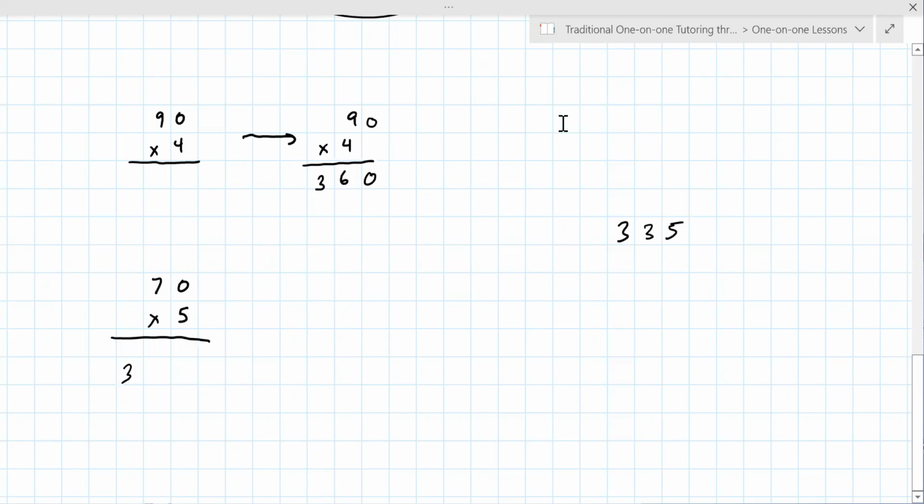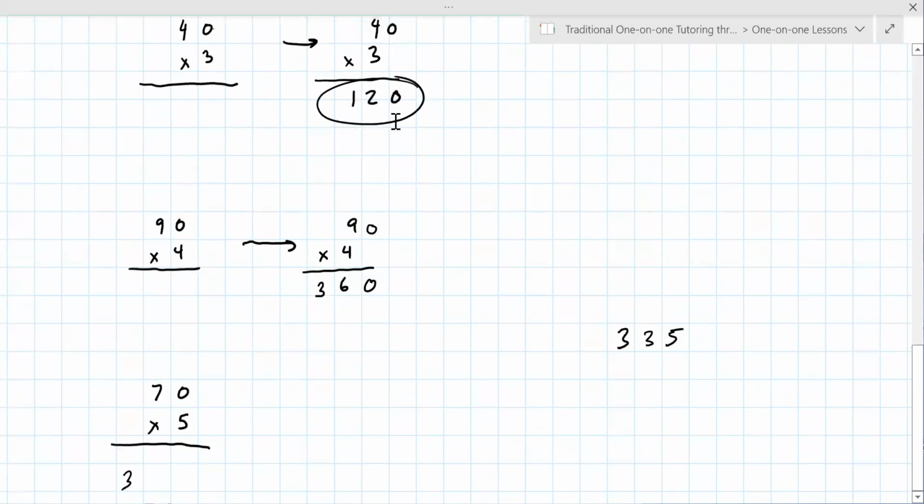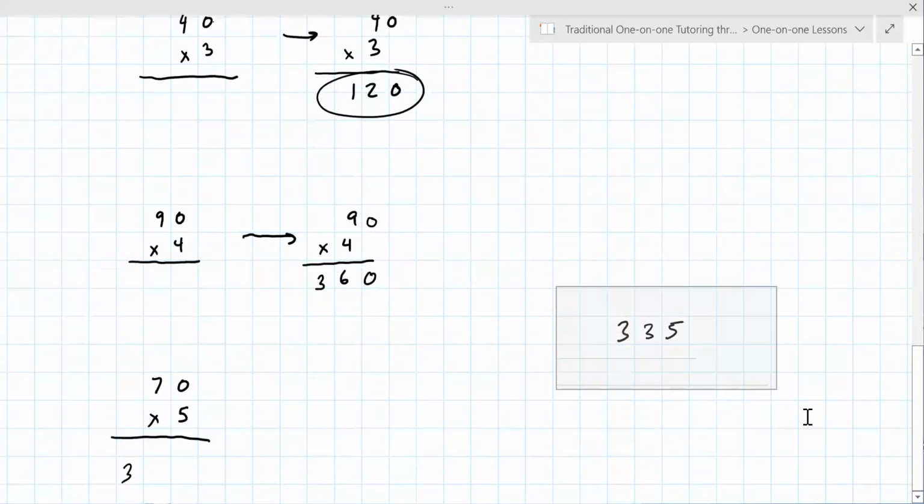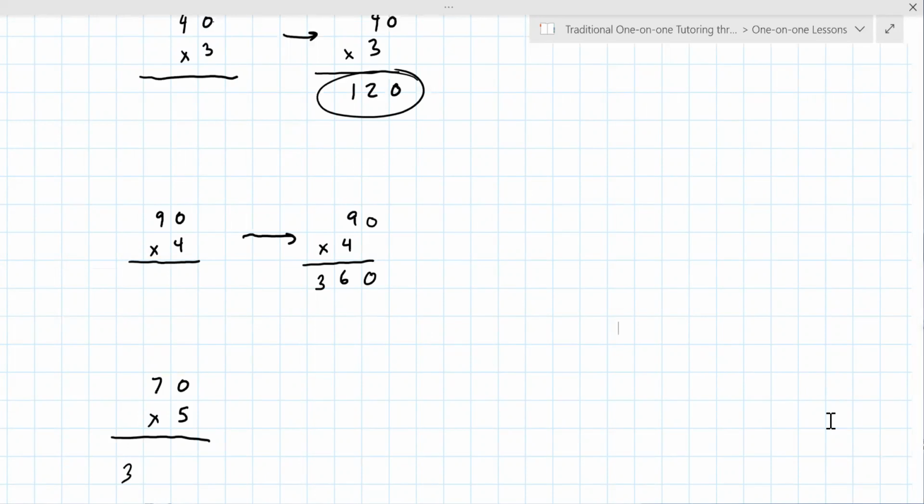But every other problem we did had a 0 at the end. Oh, wait, can I go back to the problem? Of course. So 7 times 5, it's 35 and a 0.